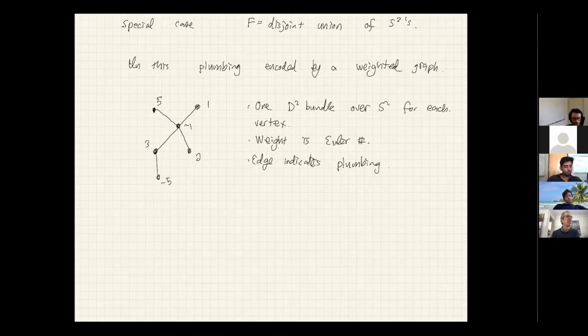So given an edge, I'll plumb the corresponding disk bundles over S2 together. I do this according to the edges, and if this graph or tree is G, I get some 4-manifold X_G. The 3-manifolds of interest are the boundaries of these, so I'm going to write Y_G as the boundary of this 4-manifold X_G.